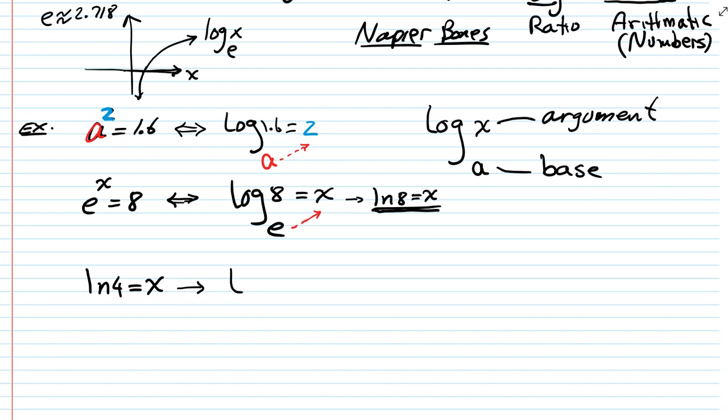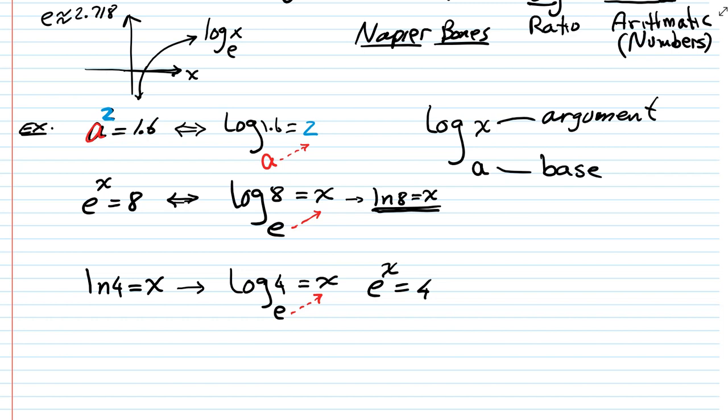Well, ln of 4, remember, that's just log base e of 4. And in the exponential form, we position e and x in the following manner. Here's base e remains the base, x goes to the exponent, and 4 has to go on the other side by itself. So it's just a matter of repositioning those three things.